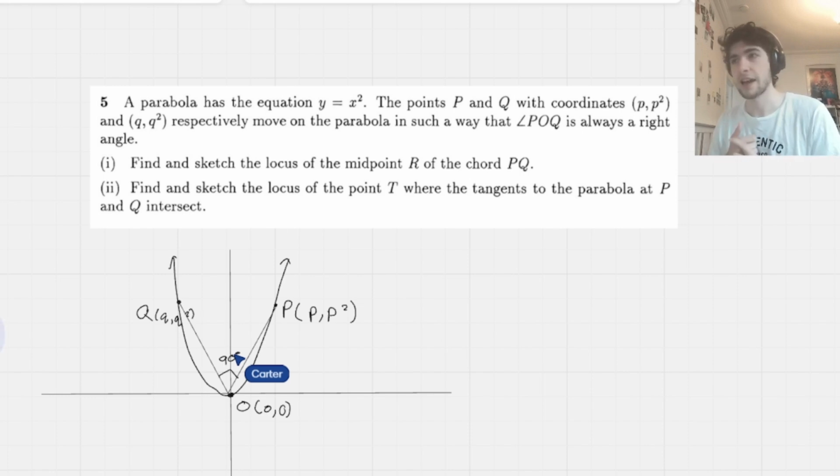And I'm interested in how my midpoint between those 2 points changes as I move those points around the parabola. So the locus of the midpoint R of the chord PQ is me drawing the set of all my midpoints. Maybe at some point my midpoint will be the coordinate (0, 1), maybe at another point it'll be (1, 5).